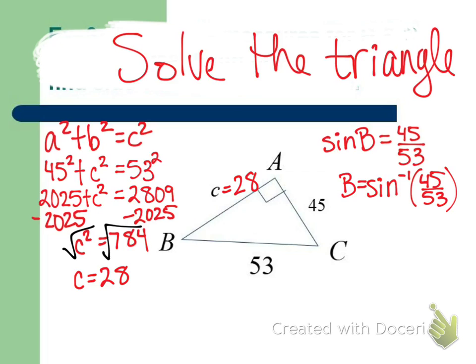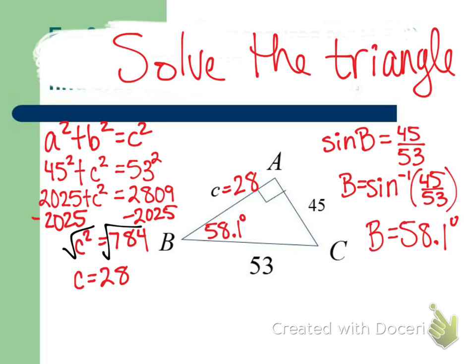That's when our calculators come in handy. It's 58.1. We agree with 58.1 degrees. Okay. Last but not least, we need angle C. Again, you can either use a trig function or we can subtract.